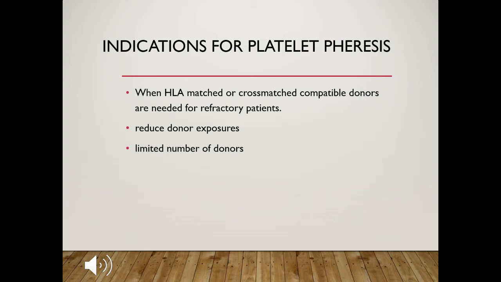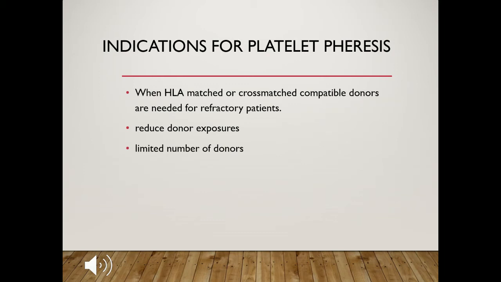Okay? Second, of course, we want to reduce donor exposures. Okay? And then third, if there's a limited number of donor, mas maganda na platelet pheresis na lang yung gawin. So, for example, during this time of quarantine, there are very, very few donors in the blood banks. Okay?